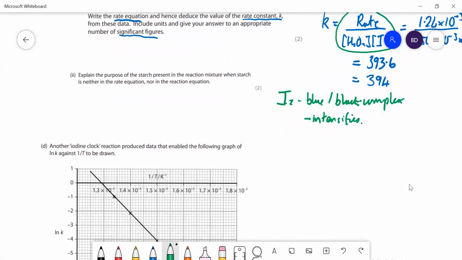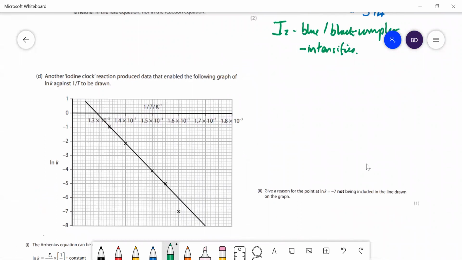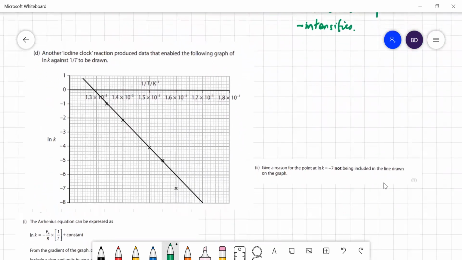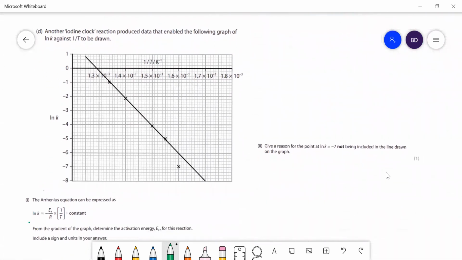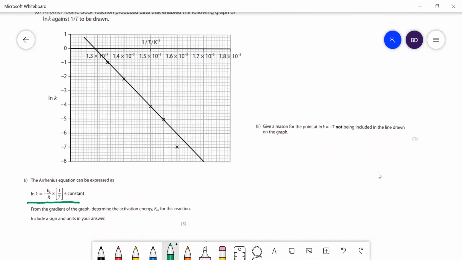Now we've got what looks like an Arrhenius equation. Another iodine clock reaction produced data that enabled the following graph. The Arrhenius equation is here. They always give you that, you don't have to remember it. So we should know that ln k is equal to minus Ea over R times 1 over T plus a constant.